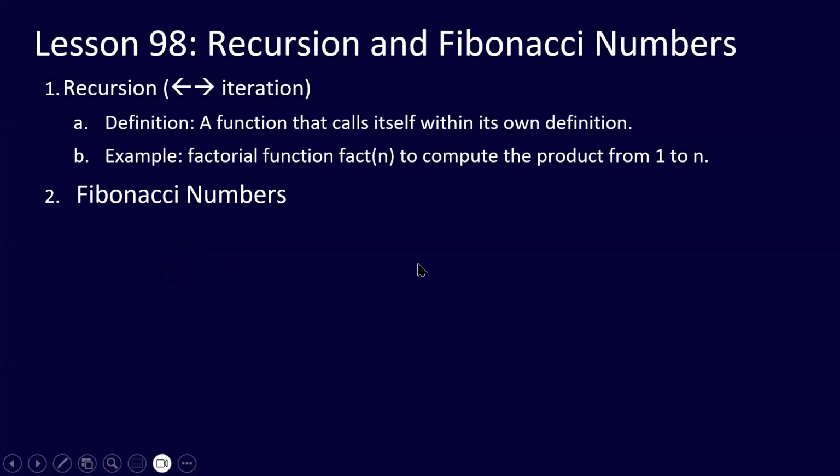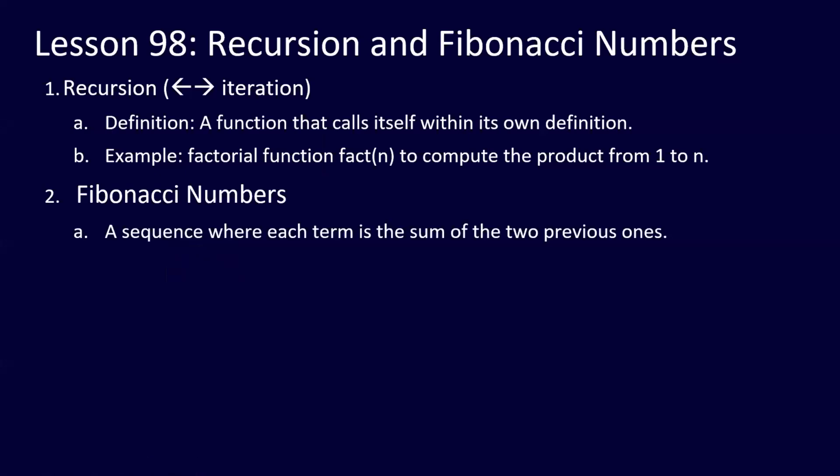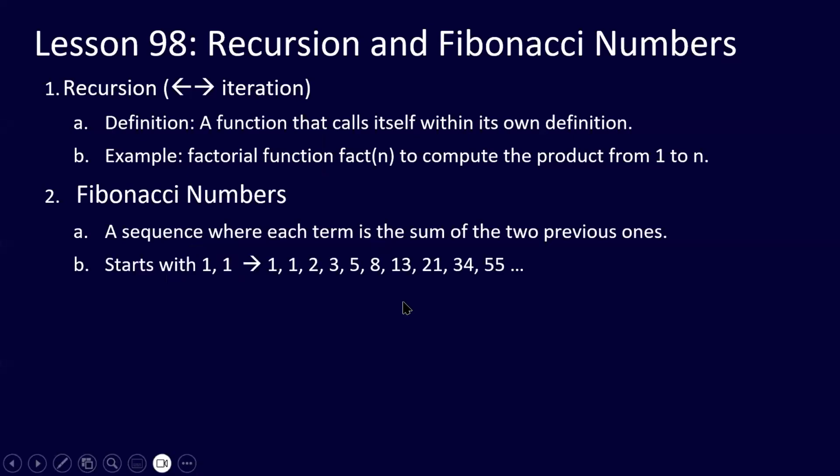Let's see another example of a recursive definition, Fibonacci numbers. Fibonacci numbers are a sequence where each item is the sum of the two previous ones. Very simple, right? We can hand calculate the sequence starting from 1 and 1.